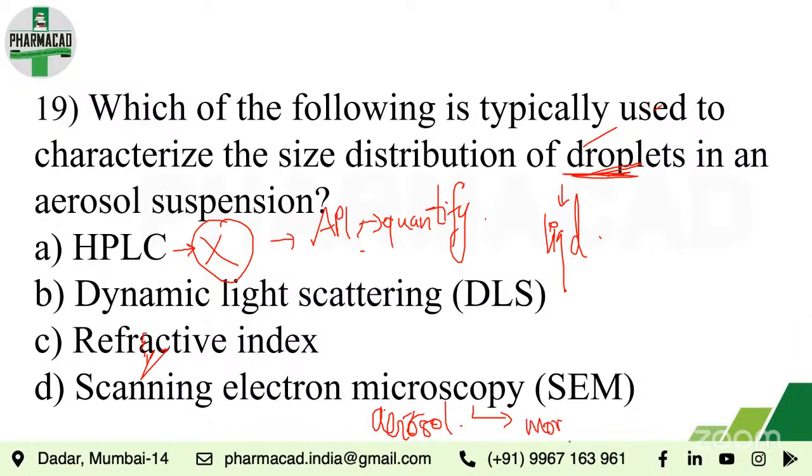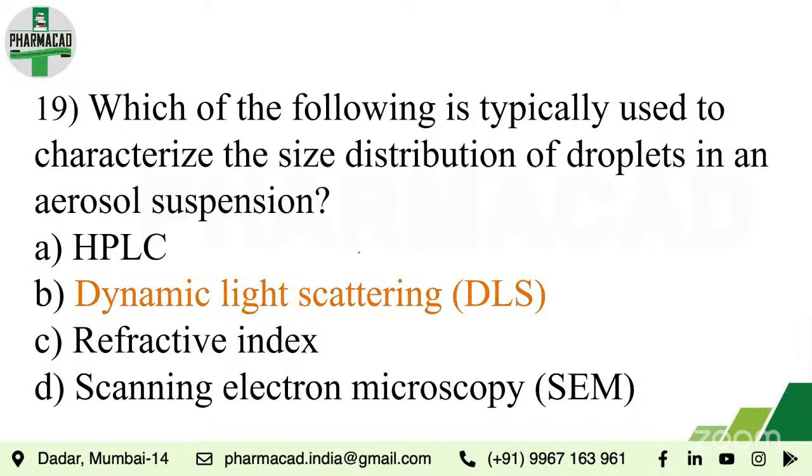It will tell you about the morphology, how the particle looks: round, crystal, needle. Even refractive index won't tell you about the particle size distribution. So the correct answer is dynamic light scattering. The machine in the industry and market is the Zetasizer. It works on the principle of DLS and the manufacturer is Malvern. Okay, clear everyone about this? Yes, ma'am. Okay, can we move on?